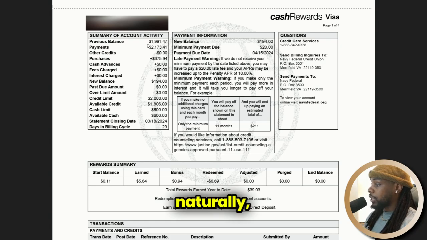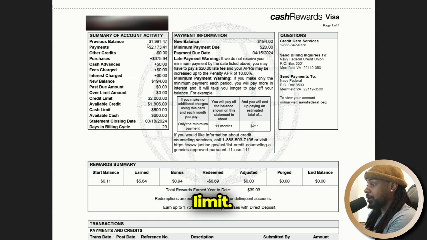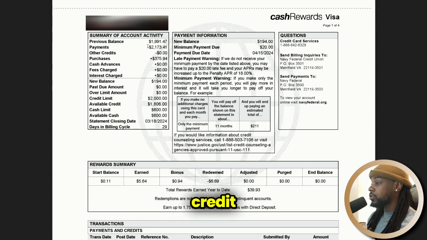So naturally banks are going to be thinking, okay, if he can pay the full amount of this credit limit and it's always almost hitting the limit, we can increase that credit limit.